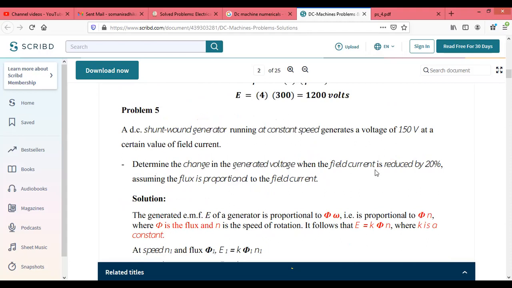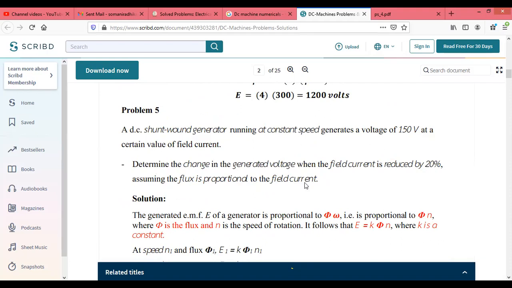When we consider that the field current is reduced, how much will it reduce? It will reduce by 20%, assuming the flux is proportional to the field current. We know the field current is directly proportional to the flux. So if the flux reduces, it means the field current reduces. So we take phi 2 equal to 0.8 phi 1 for the 20% reduction.